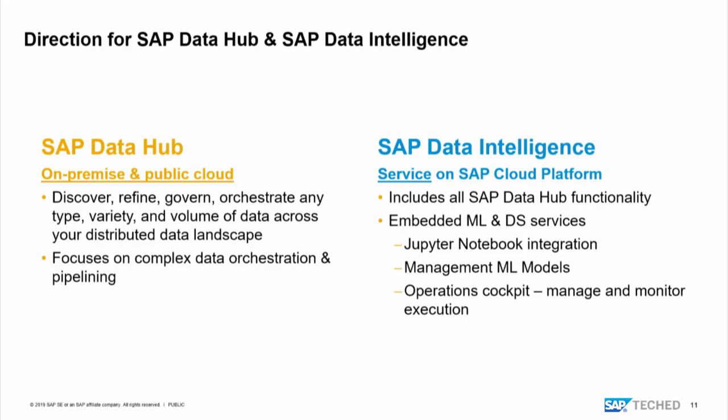Data Intelligence takes this Data Hub as foundation, adds machine learning specifics, the scenario manager and Jupyter notebook, and offers that as a managed service with consumption-based pricing and licensing out of SAP Cloud Platform. And you can assume that I, as a product manager, do not like to talk with you for 10 minutes about the difference when it's nearly the same thing.